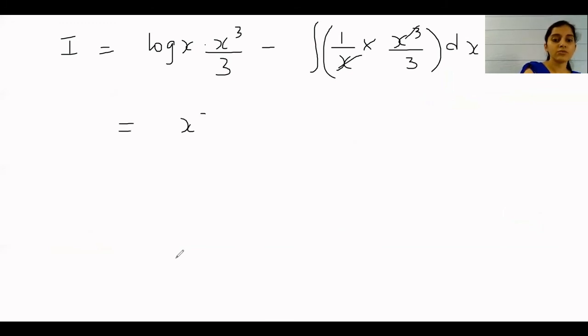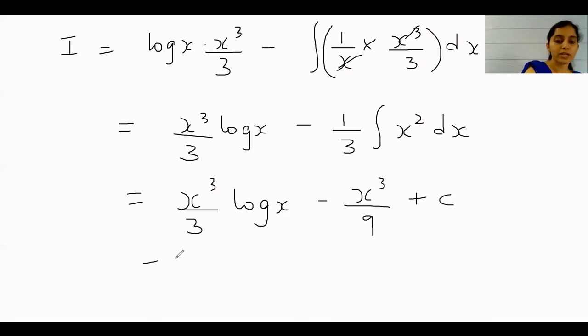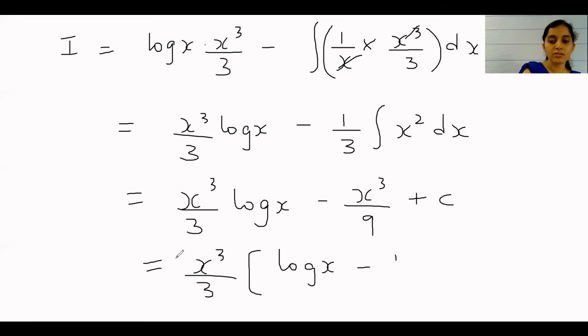So we have x cube upon 3 log of x minus 1 upon 3 integral x square dx, which will be equal to x cube upon 3 log of x minus x cube upon 9 plus c. What we can do is take x cube upon 3 common, and we have log of x minus 1 upon 3 plus c.